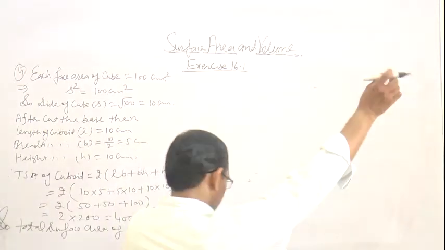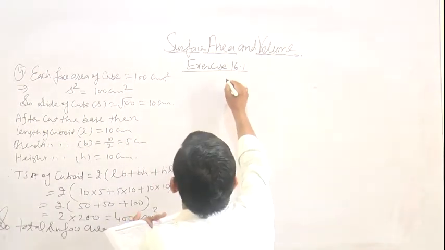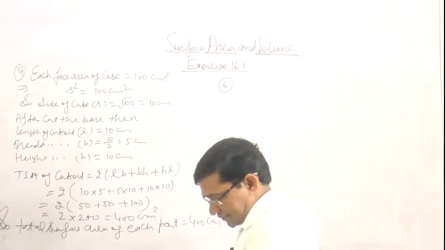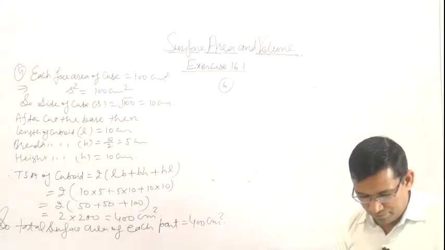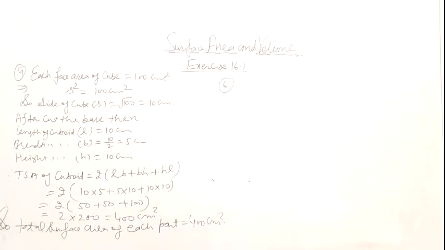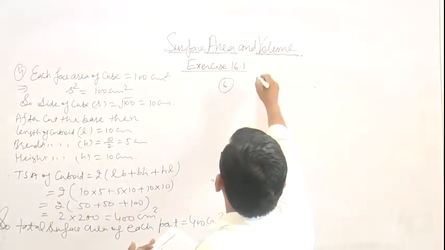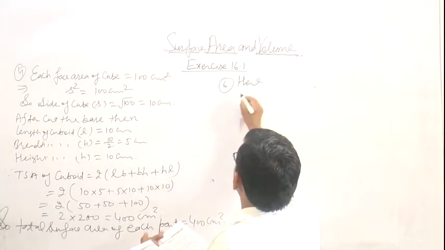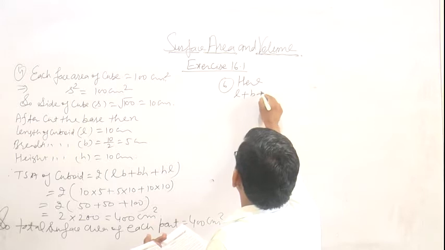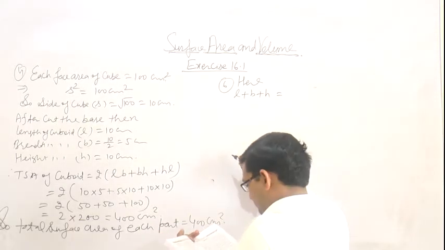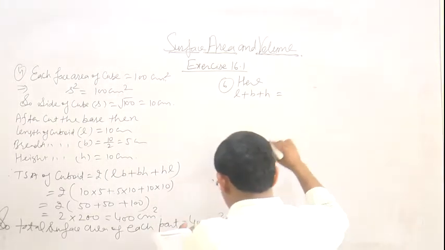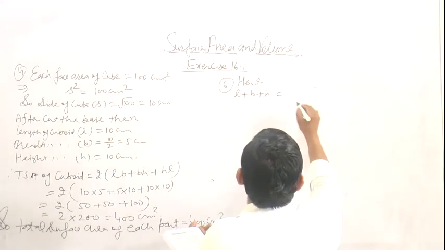Then some students ask question number 6. The sum of length, breadth and height of cuboid is 19 centimeter. What is given in question? Sum of length, breadth and height is 19 centimeters.